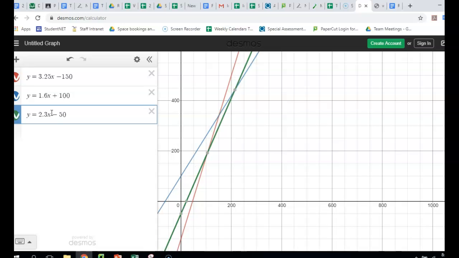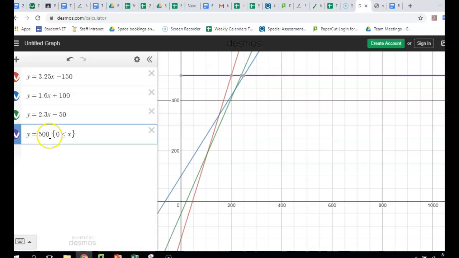Now, this race is a 500-metre race, so I'm going to show where my finish line is by typing in y equals 500, and making it a line that starts at 0. Then I'm going to make these lines the right length for a race, because you don't start at negative time and you don't keep running after the finish line.